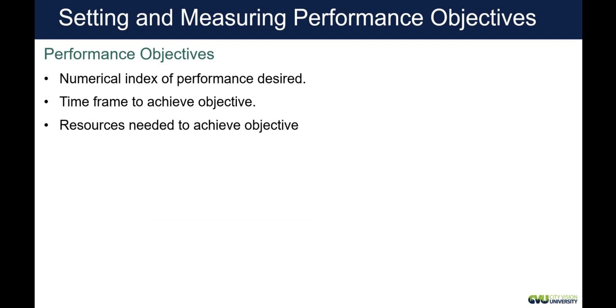So as a retail manager, one of the things that you need to do is say, okay, what are our objectives? This is, again, part of the strategy. As we're setting our strategy, we not only need to understand what our profits are and everything else, we also need to say, here's our performance objective.